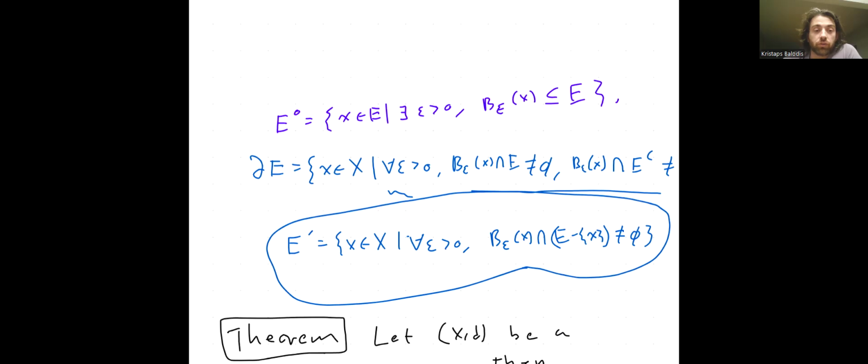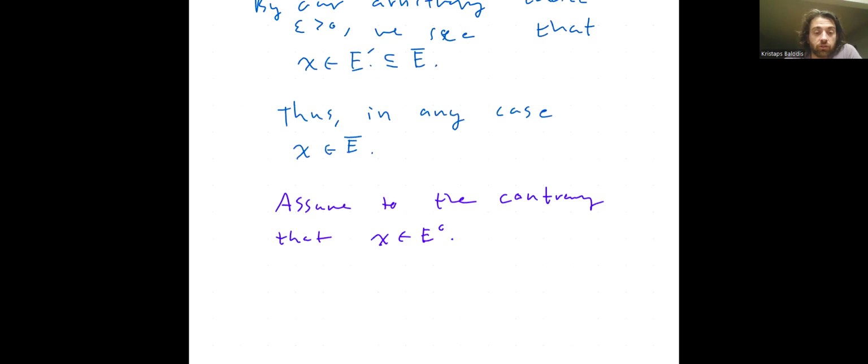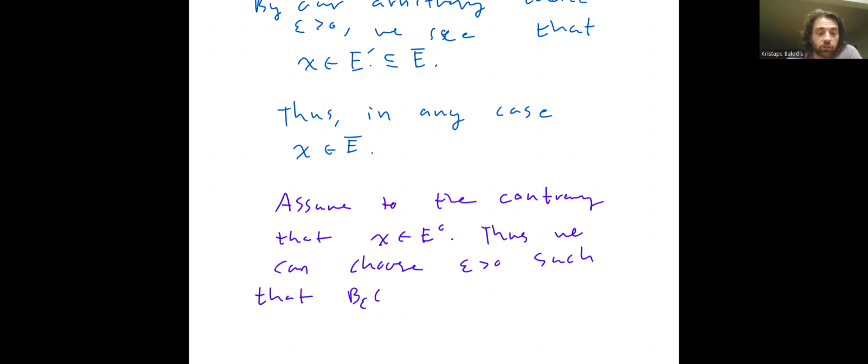But we've assumed for the sake of contradiction that x is in the interior, so that means I can choose an epsilon which makes this set inclusion hold. Thus we can choose epsilon greater than 0 such that the epsilon ball around x is completely contained in E.